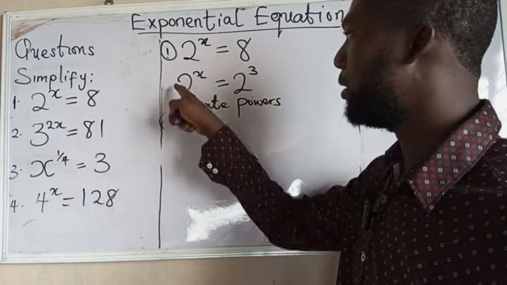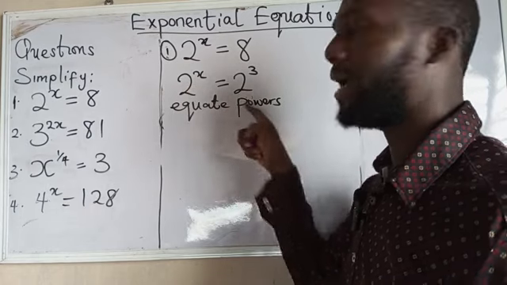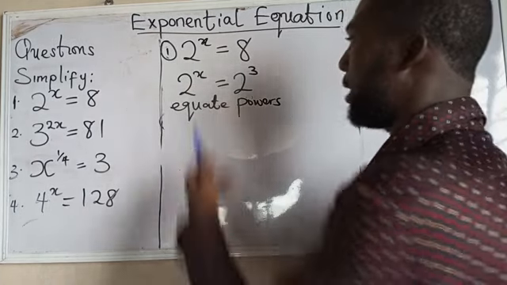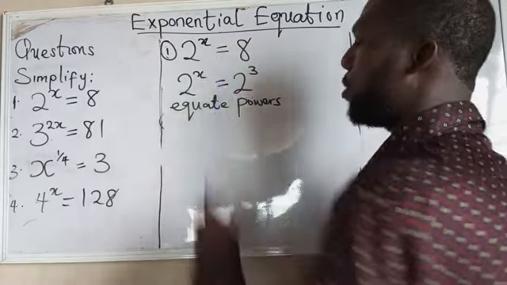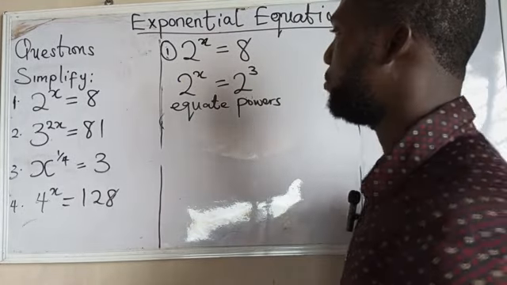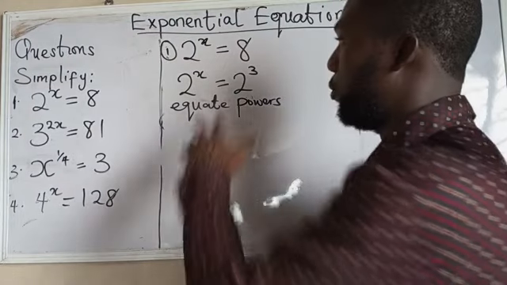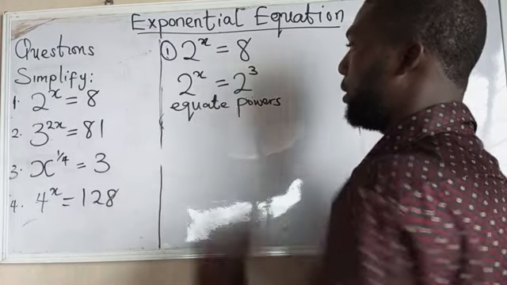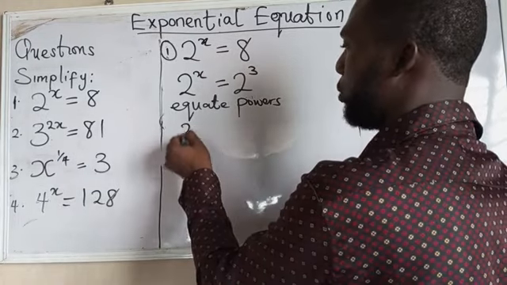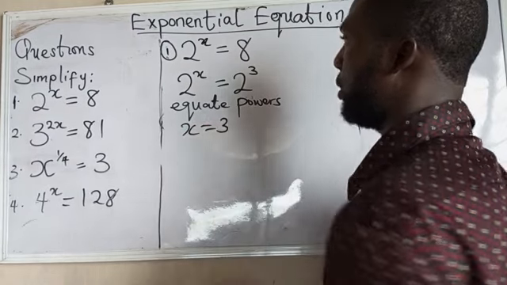And secondly, when the bases are the same, it means that they can cancel out, and what we need here is the power. So when you equate powers, x automatically equals 3.